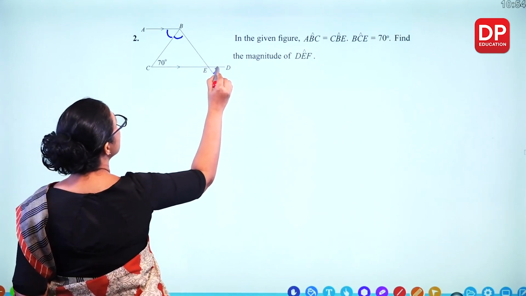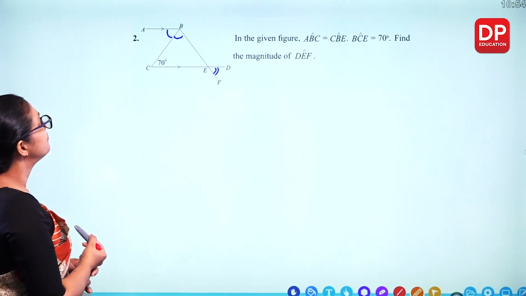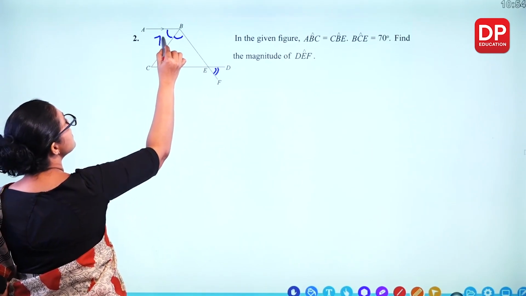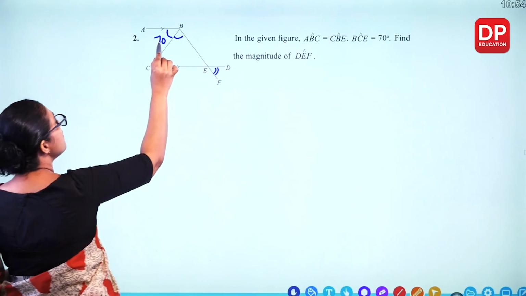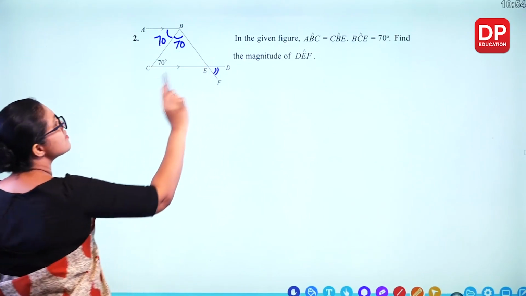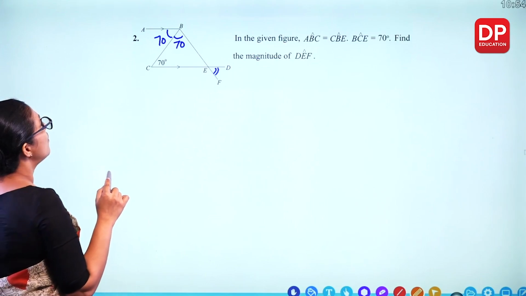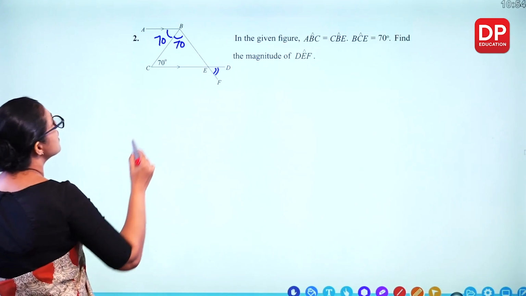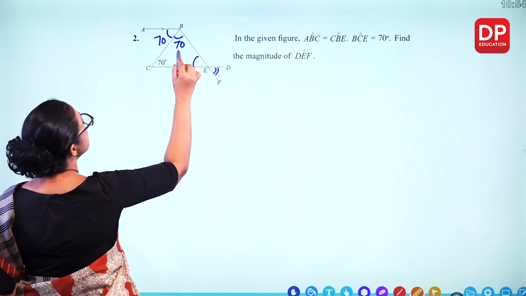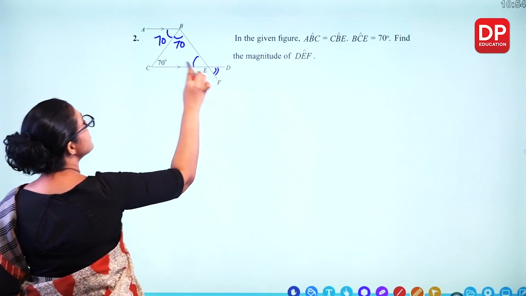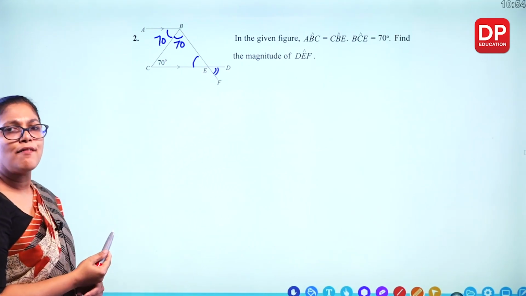We need this angle. We know this is 70, this is 70. If this is 70, this is 70 because these two angles are equal. Now, what can you say about this angle? This angle is 180 minus these two, and that's equal to DEF angle.